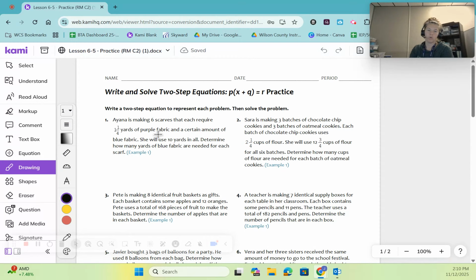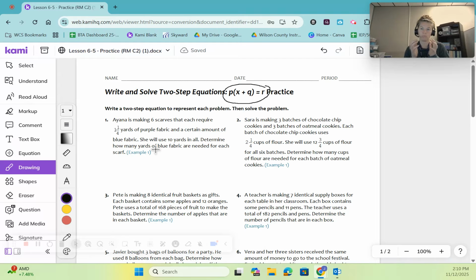Okay, so one thing to notice when we are setting up equations in this format is that you're going to have a group of things that are all the same. Remember the parentheses are grouping symbols.